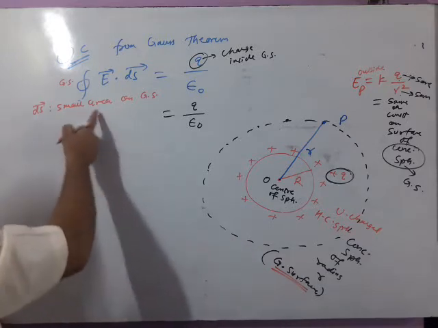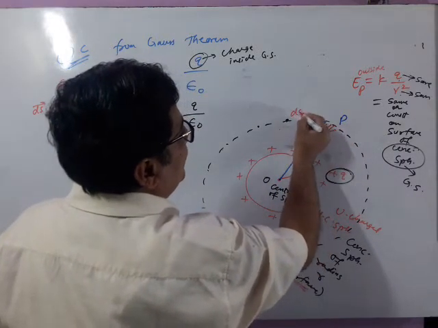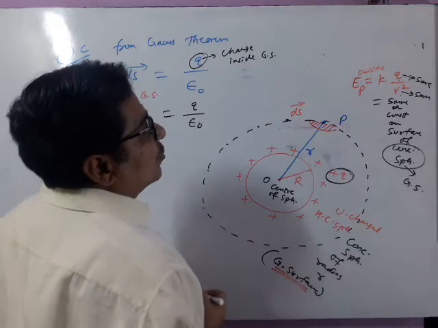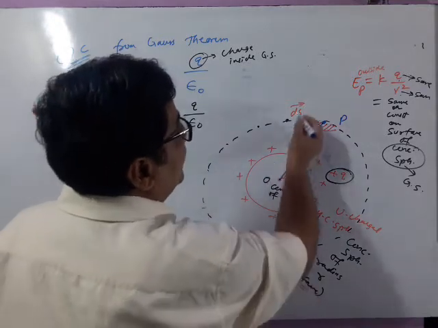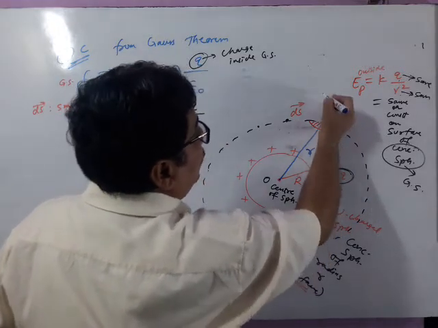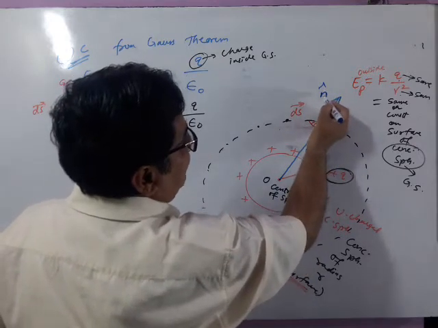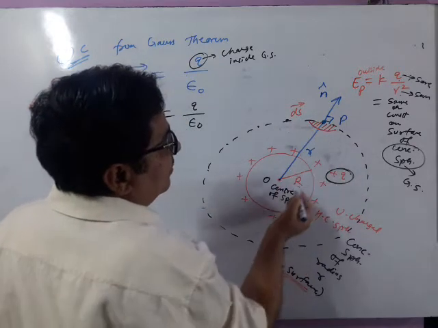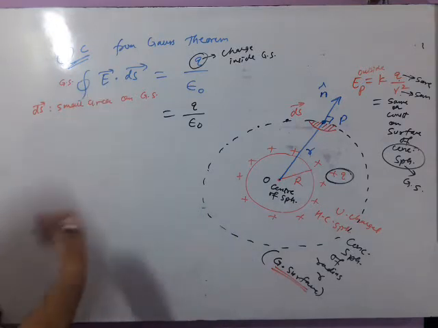So we are considering a small area on the Gaussian surface. See, this is the small area ds vector on the Gaussian surface. So what is the direction of ds vector? Radially outward, or outward drawn normal to the given surface. This is n cap, the direction of ds vector. And electric field is radially outward.